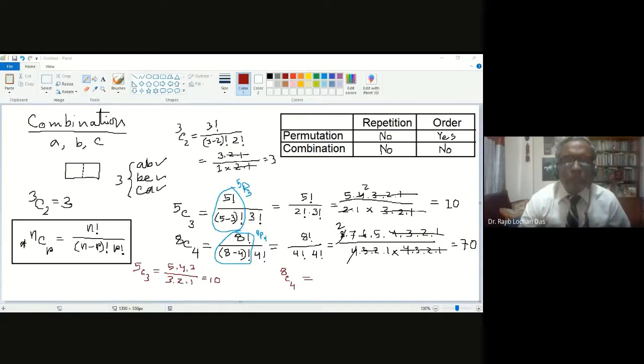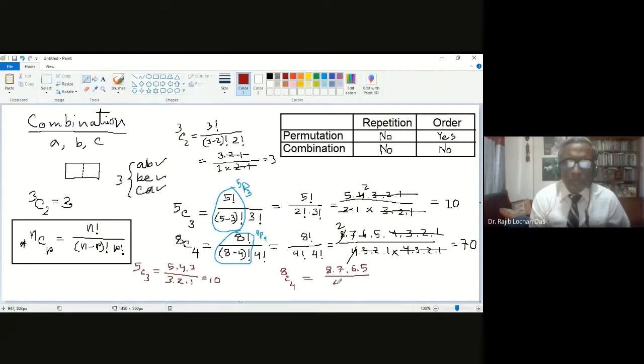So 8P4 means what? 8P4 means you start with 8, and then you reduce the number and write 4 numbers. So it's like 8, then 7, then 6, then 5. So there will be 4 numbers, divided by factorial 4.